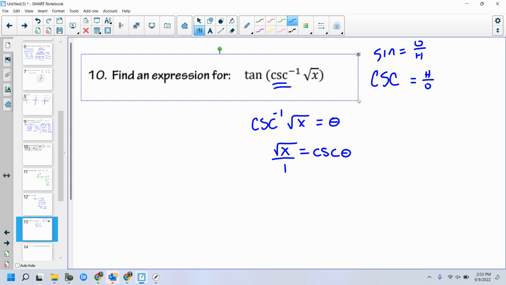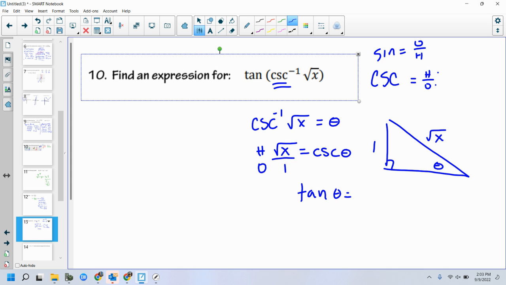So draw out your triangle. Let's label theta. And that's going to be, okay, so hypotenuse over opposite. Now, I need to evaluate tangent theta, right? Because if inverse cosecant of radical x is equal to theta, I need to just plug theta back in here and find tangent theta to see what I would get over here.